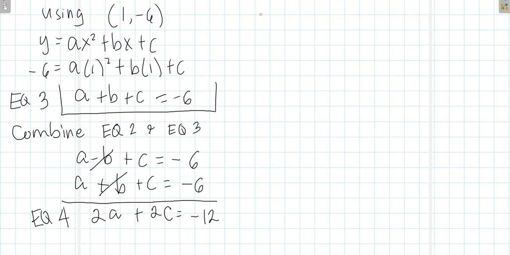Because we used 2 and 3, this time you're going to use equation 1 and equation 2.